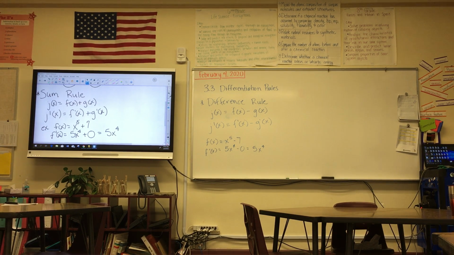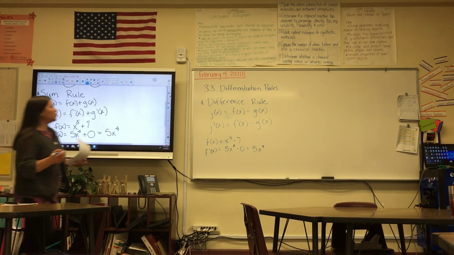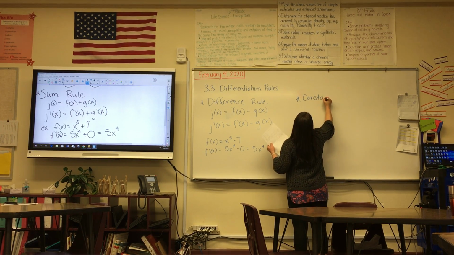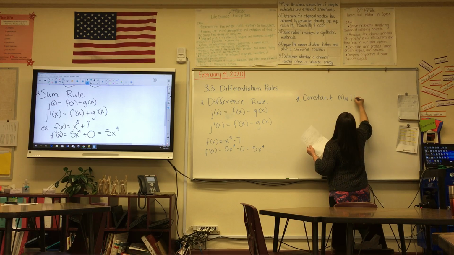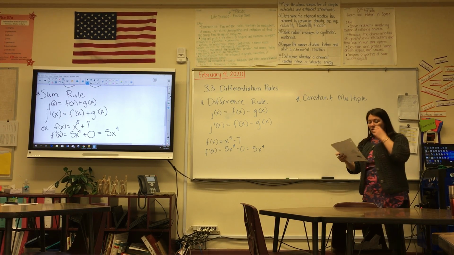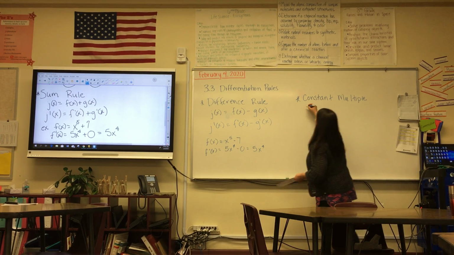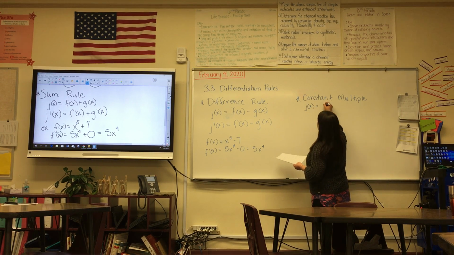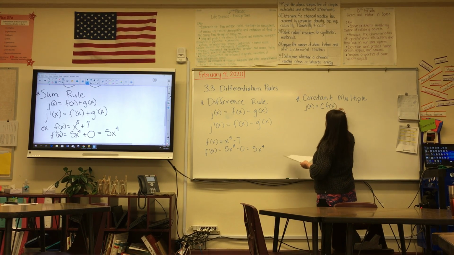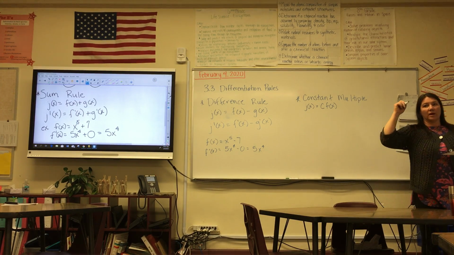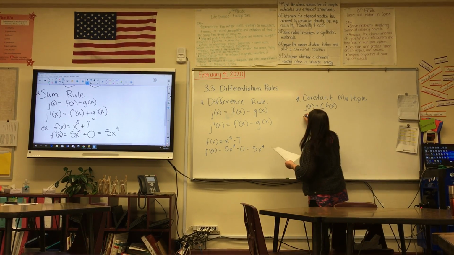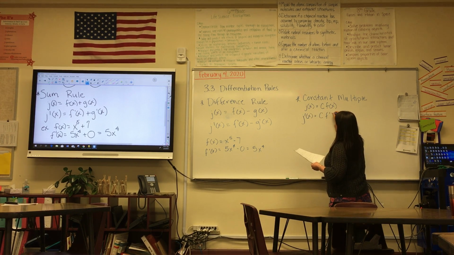Cool? Okay, then we have the constant multiple rule. The constant multiple rule says if you've got a function that is a constant times another function, like 2x squared, then the derivative is that same constant times the derivative of the function part.